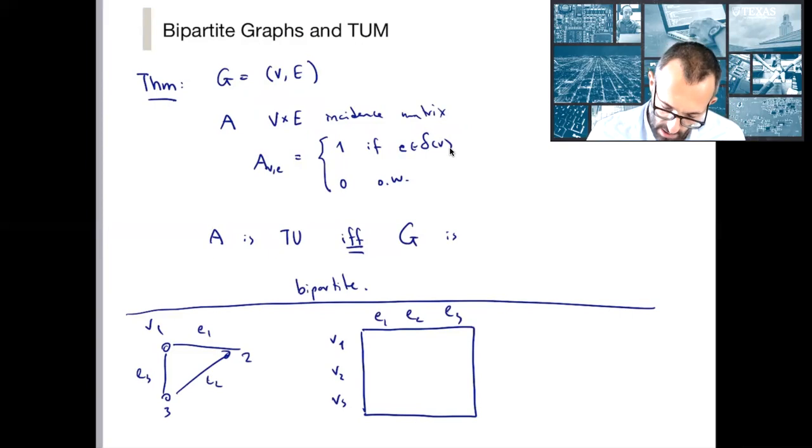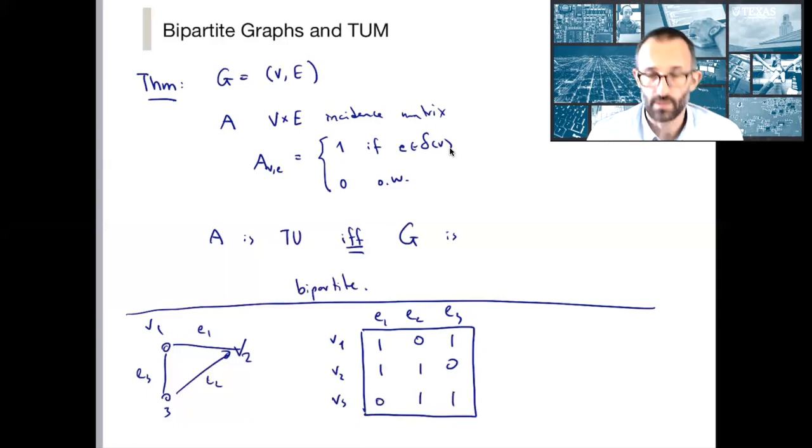Vertex V1 touches E1 and E3, but not E2. Vertex V2 touches E1 and E2. And vertex V3 touches E2 and E3. Again, this is just recalling what our matrix looks like.